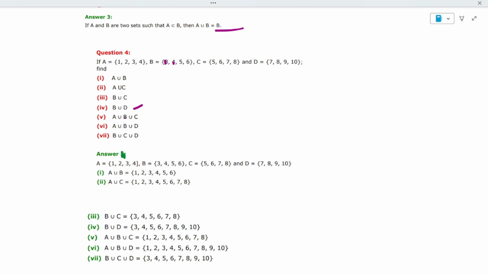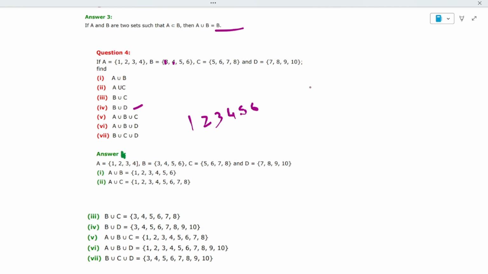And when you are finding A union B union C, first do A union B. Okay, next what answer will you get? Let's do it here. See, A union B. What answer will you get? 1, 2, 3, 4, 5 and 6 is the answer you will get, because 3 and 4 are repeated, don't repeat them.